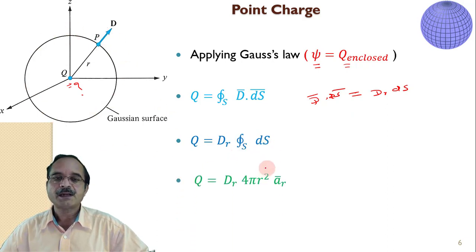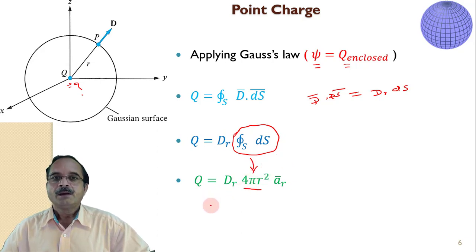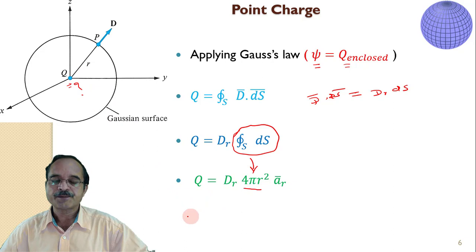The surface integral of ds over the sphere is nothing but 4 pi r square. So this integral is 4 pi r square. Now my aim is to find the electric flux density because of the charge.